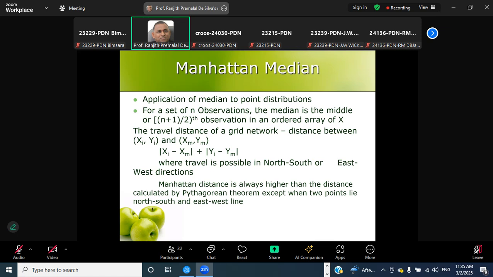If it is an even number, say 15, 15 plus 1 divided by 2 is 8. Otherwise, with 16 points, it falls between 8 and 9, so it becomes an area between 8 and 9. So it can become a point when there is an odd number of points. When it is an even number of points, it becomes an area.